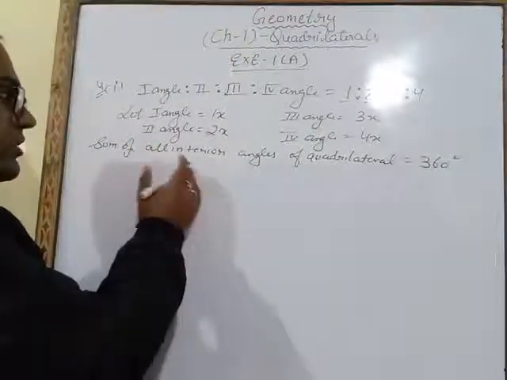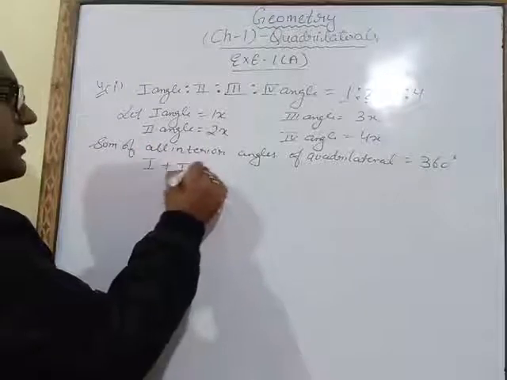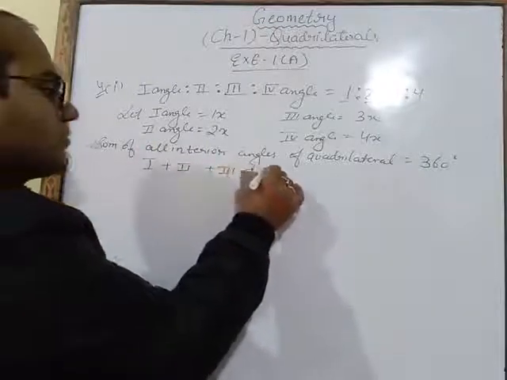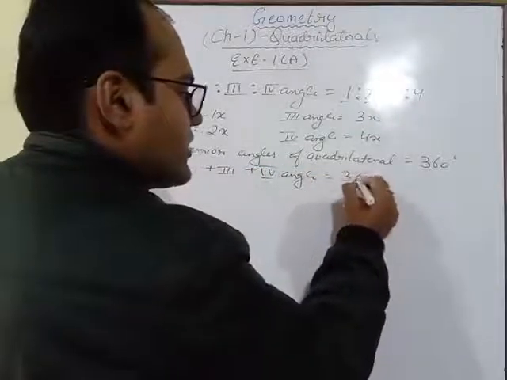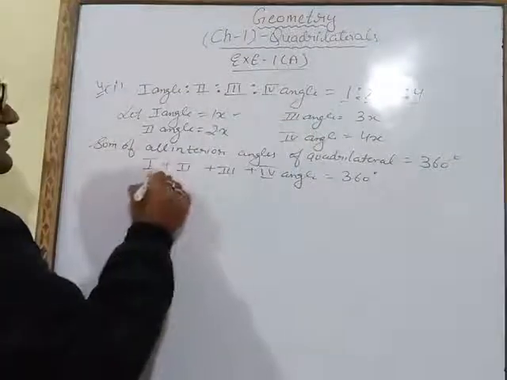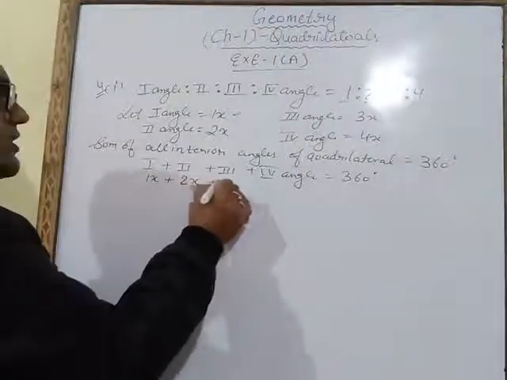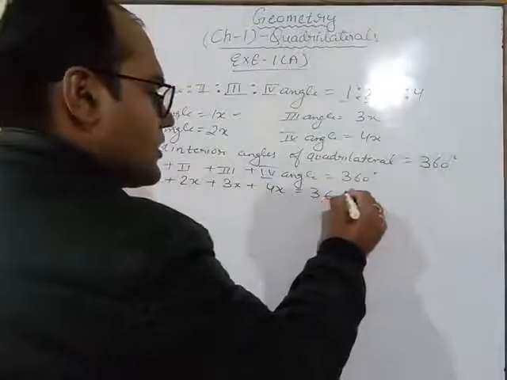Now on the left hand side we find the sum of all four angles: first, second, third, fourth angle. The sum of all four angles is equal to 360. The first angle is 1x, plus second 2x, third 3x, fourth 4x is equal to 360.